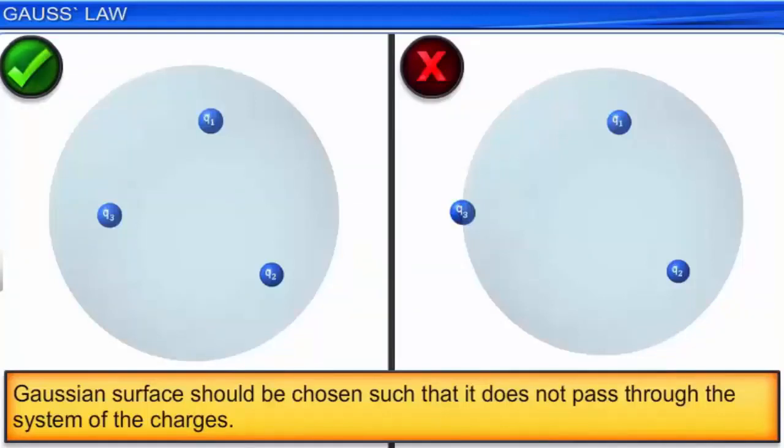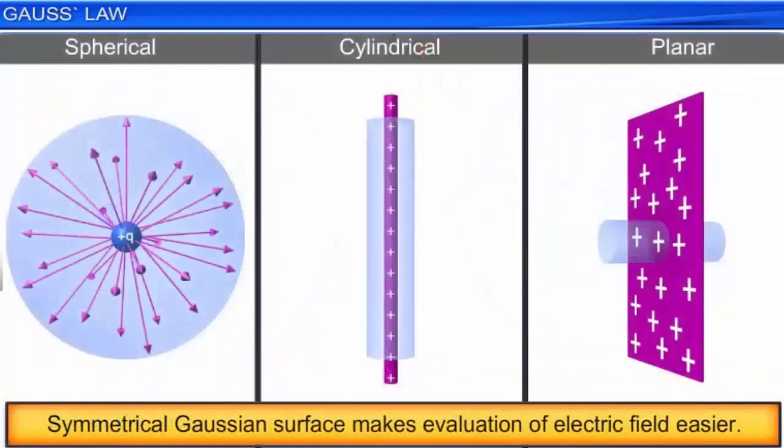However, in case of a continuous charge distribution, the Gaussian surface can be taken passing through the charge distribution. Symmetry is crucial to the application of Gauss law, since it makes the calculation of the electric field easier. Gauss law can be chosen to evaluate the electric field due to charge distributions that have spherical, cylindrical, or planar symmetry.